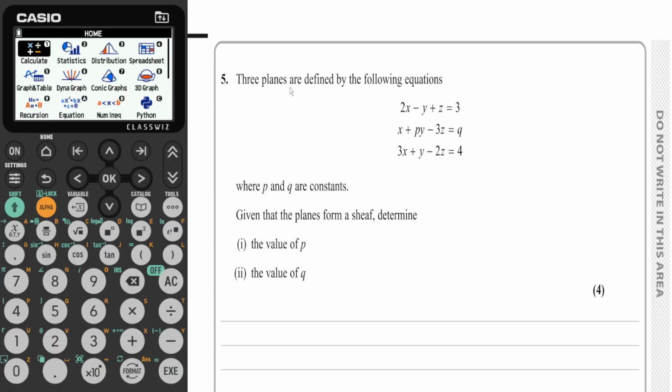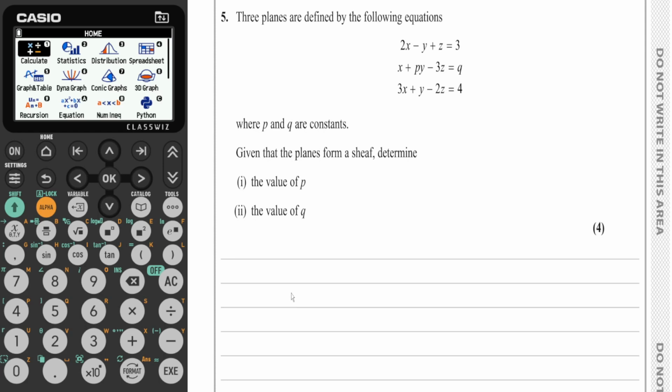Question number 5. 3 planes are defined by the following equations. 2x subtract y plus z equals 3, x plus py subtract 3z equals q, 3x plus y subtract 2z equals 4, where p and q are constants. Given that the planes form a sheaf, we have to determine the value of p and the value of q.